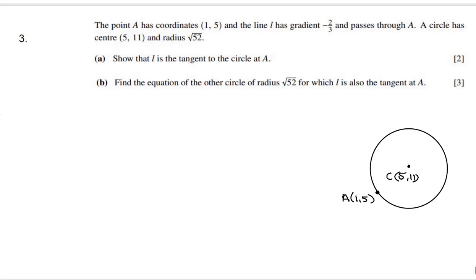1, 5, and this line passes through point A, and we want to show that this line is tangent. So what we've got is a line that goes through, it touches a circle at one point, and we've got to show that this is tangent, okay?